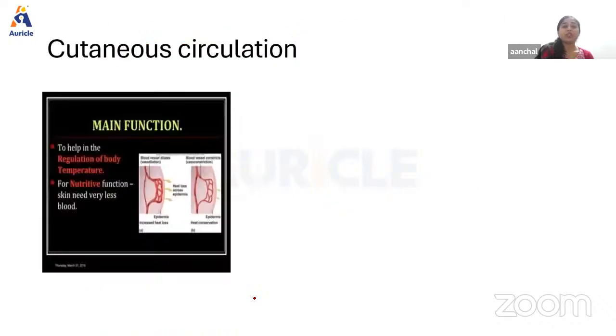Fine. Now, next we have another important topic, that is cutaneous circulation. First we should know what cutaneous circulation is and what its main function is.